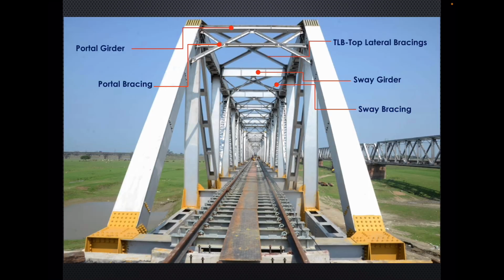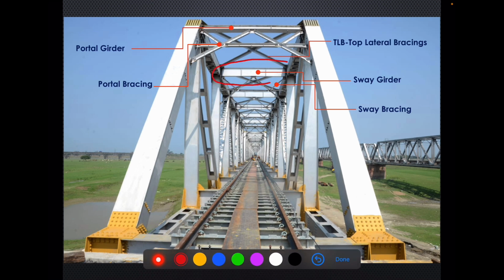So we have seen the basic flooring system and track arrangement. Now let's see the top. At all panel points, the top chord is connected with each other with the help of these sections.